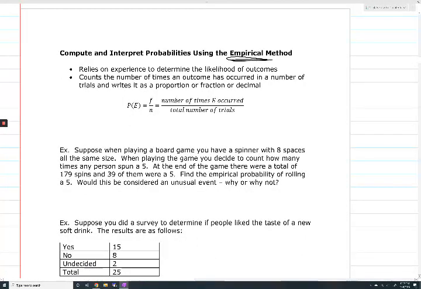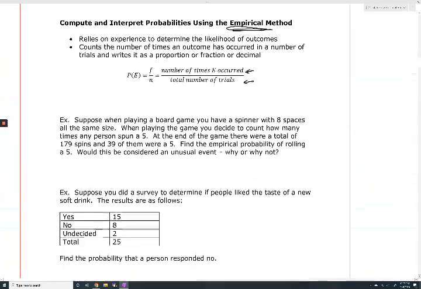Next, we're going to talk about the empirical method, which is like the experimental method. It is what the probability is based on actually running trials, actually doing the experiment a bunch of times and recording the results. So here we have the number of times E occurred in our trials, and then the denominator is the number of trials that we did.